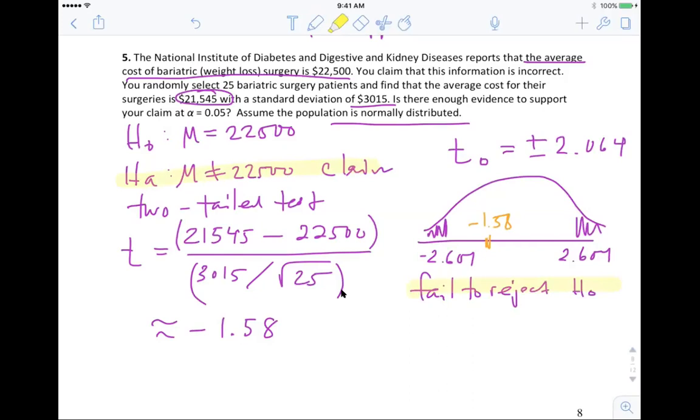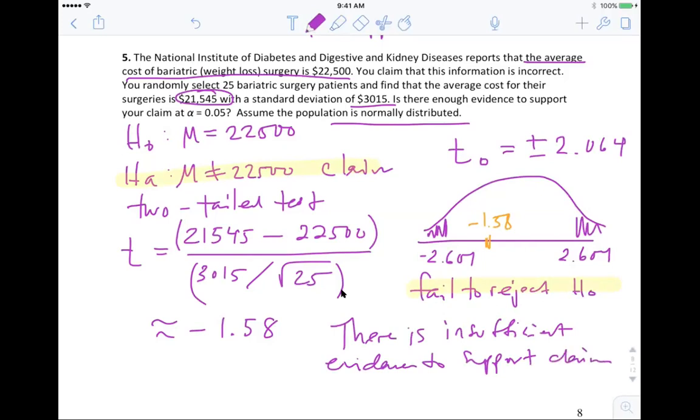HA is the claim, fail to reject H sub 0. There is insufficient evidence to support this claim. So I would just write that out. It's for your claim, right? To support your claim. You thought the information was correct. There's just not evidence to back you up here.